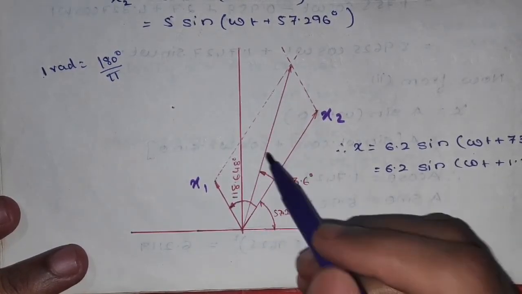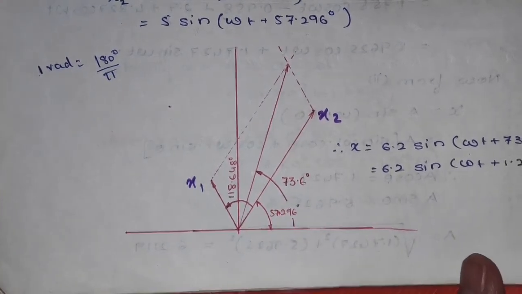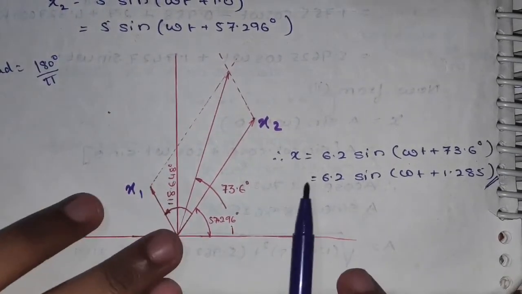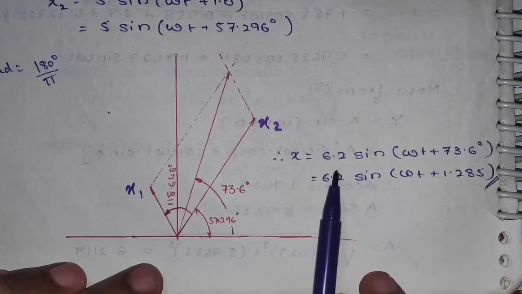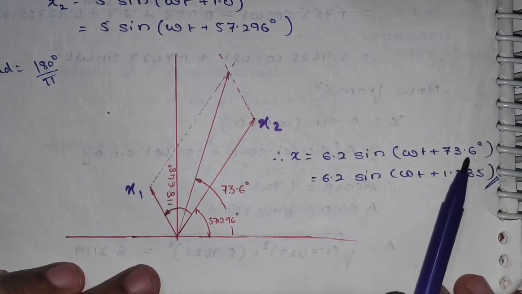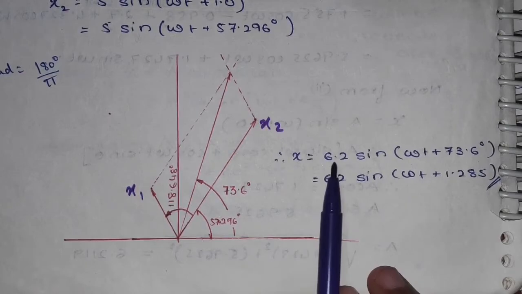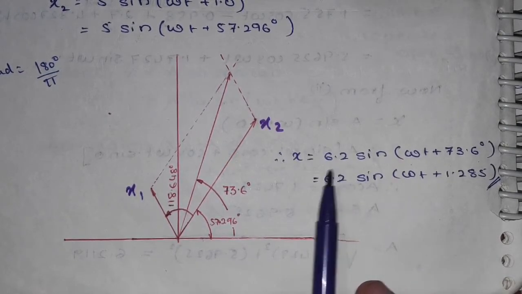I just take the resultant of this. So this resultant is 73.6 degrees. When I convert this back to radians, x is equal to 6.2 sine of omega t plus 1.285. I have taken 6.2 because our amplitude is 6.2119.